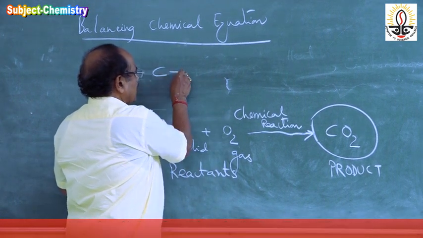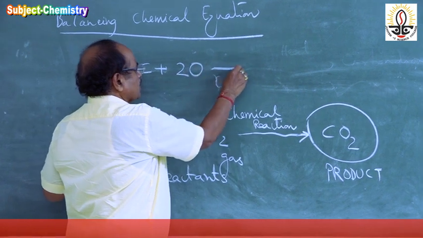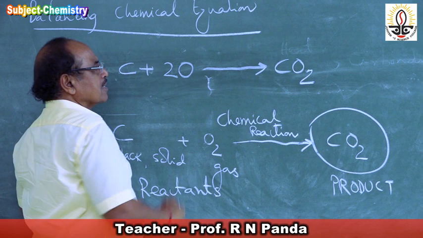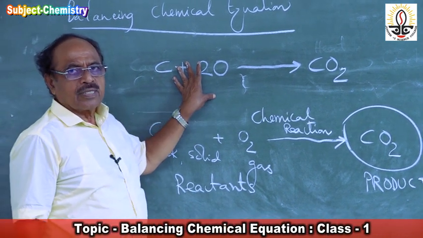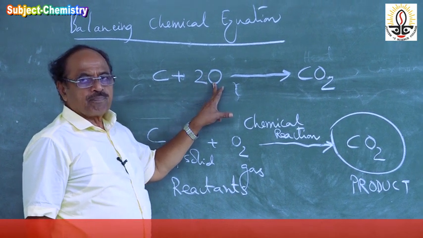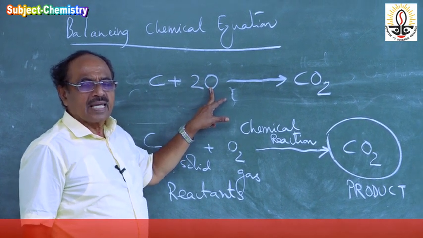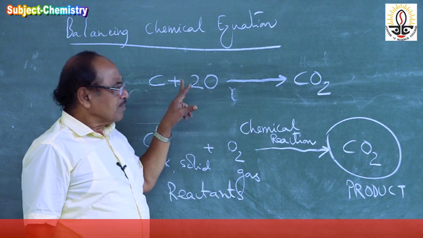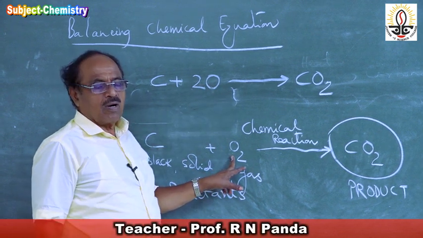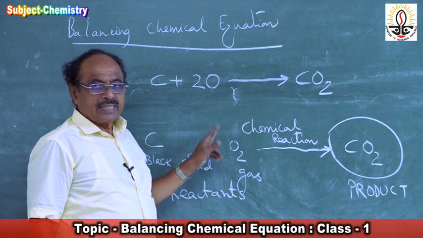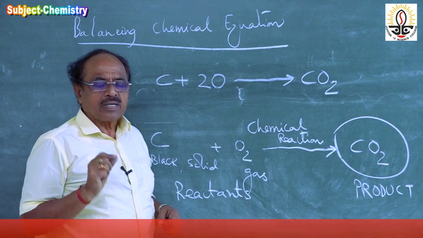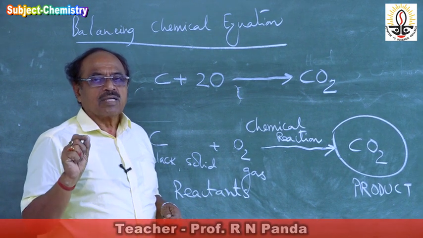So carbon reacts with two atoms of oxygen to form carbon dioxide. This is a chemical equation, but not a balanced chemical equation, because oxygen never remains in atomic state. Atoms of oxygen combine to form a molecule of oxygen. Hence, whenever we are representing a gas, we will represent it in a molecular form.